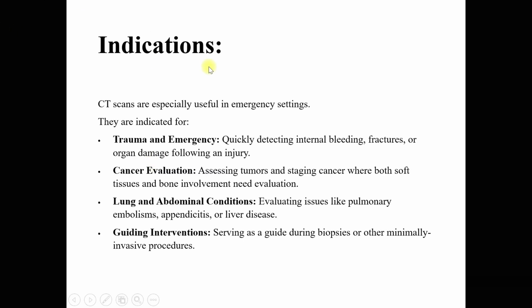Now let's see what the common indications for CT scan are. CT scans are especially useful in emergency settings. They are indicated for trauma and emergency, quickly detecting internal bleeding, whether within the abdomen or within the brain, like intraventricular hemorrhage or subarachnoid hemorrhage, whether it can be pleural hemorrhage or hematoma, and it can be abdominal hematoma, and like blood within the pleural cavity or hemothorax, and conditions like fractures and organ damage following an injury.